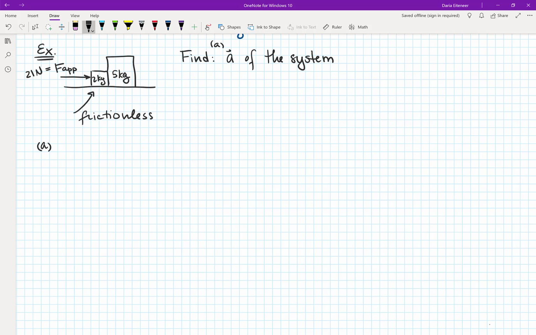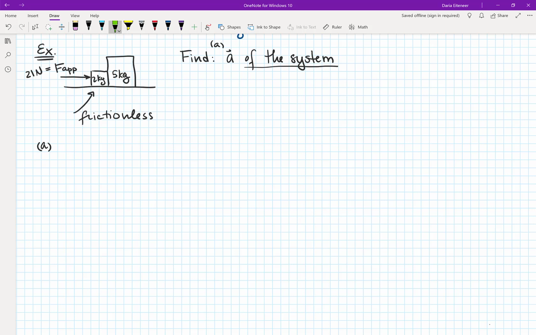Also, notice how the statement of the question was to find acceleration of the system. So the whole point of a free body diagram is to isolate an object that we're working on. In this case, an object is the entire system.